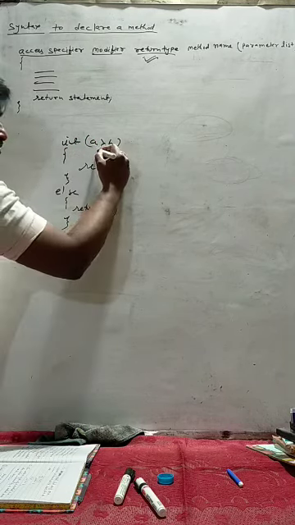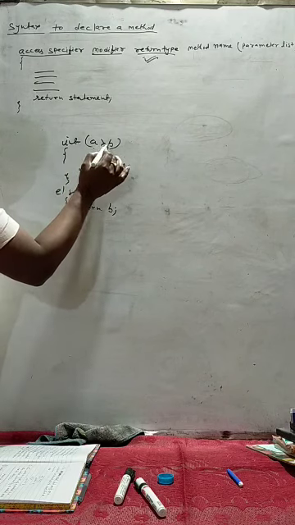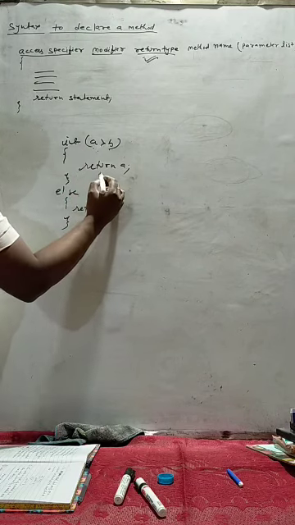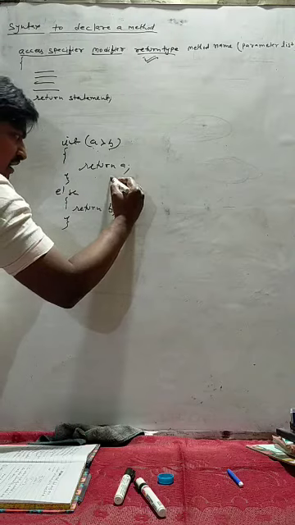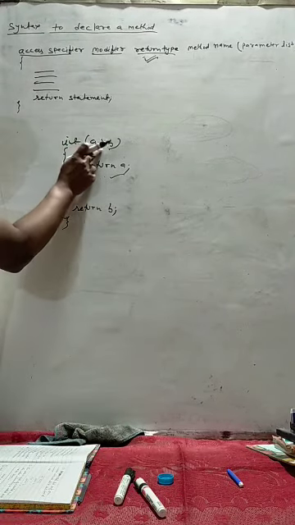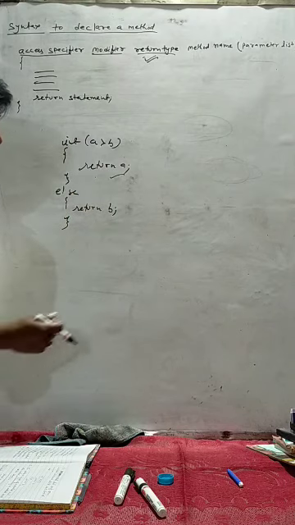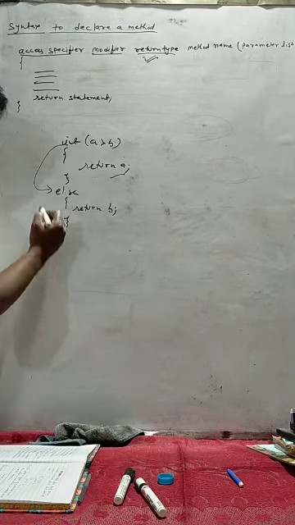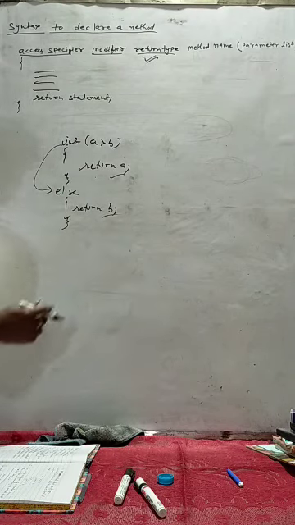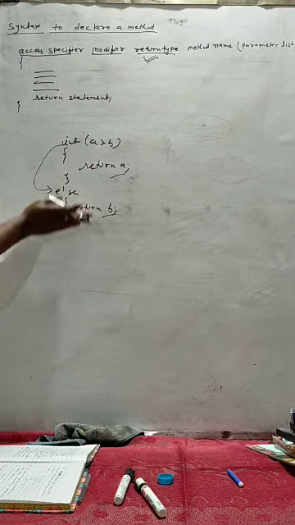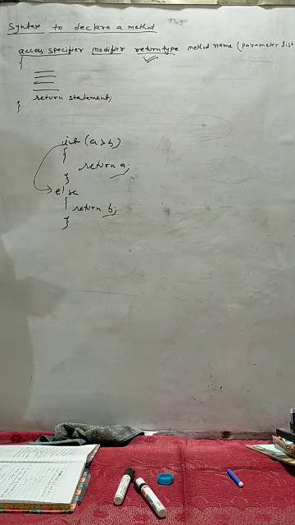If this condition is true, means value of a is greater than value of b, then this function will return a. If this condition becomes false, means value of a is not greater than value of b, then it comes to the else part and returns b. So more than one return statement can be there, but only one return statement will be executed at a time.